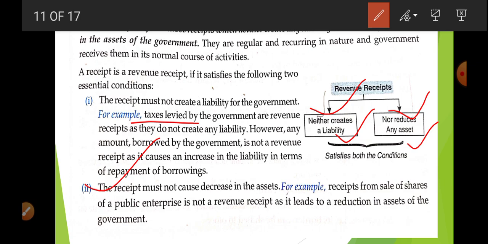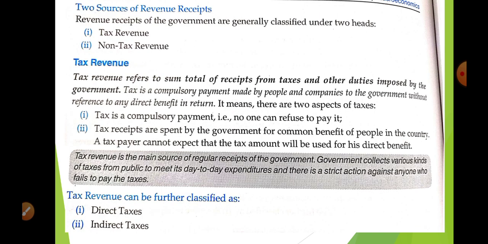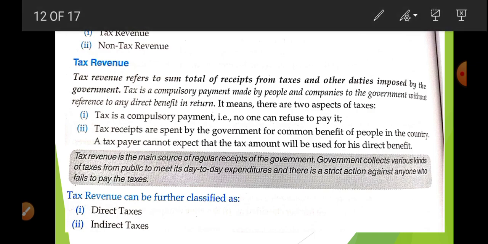Let me explain this in more detail. Revenue receipts are of two types, tax revenue and non-tax revenue. Tax revenue refers to the sum total of receipts from taxes and other duties imposed by the government. Remember, tax revenue is a compulsory payment.